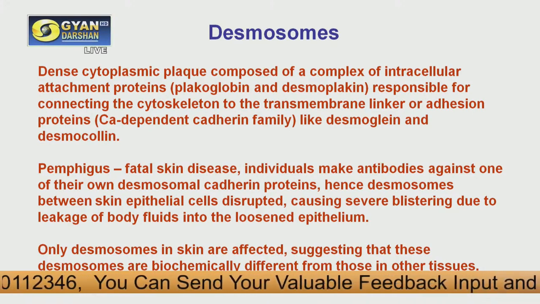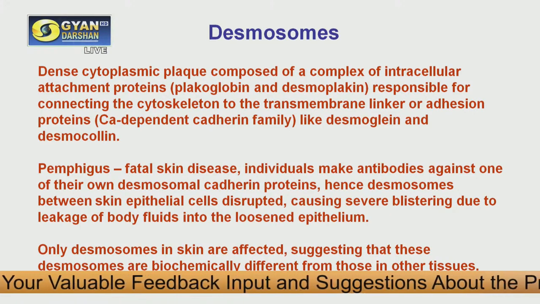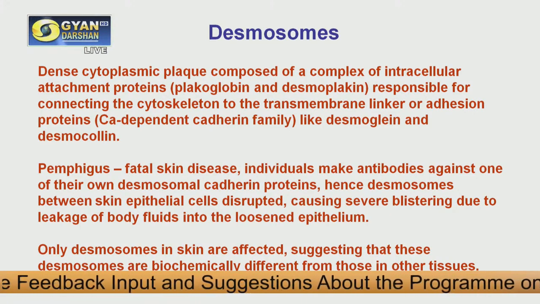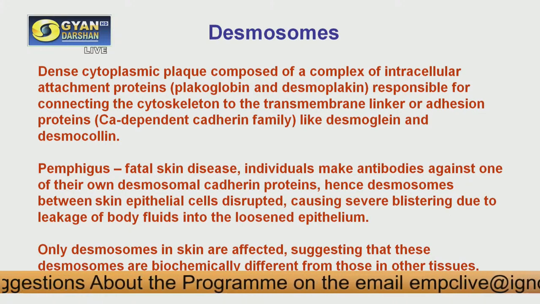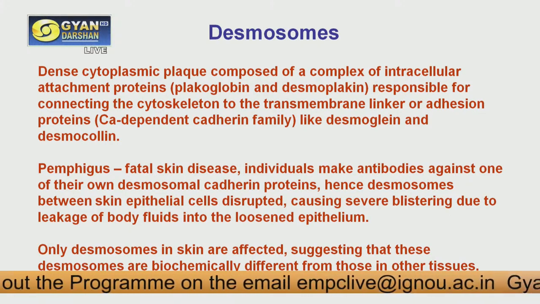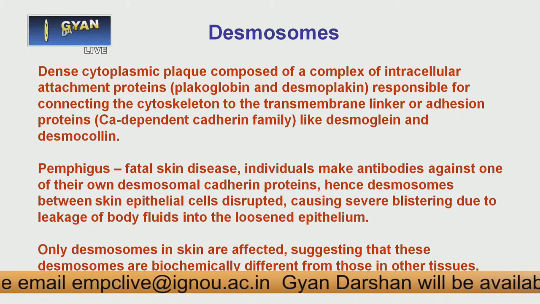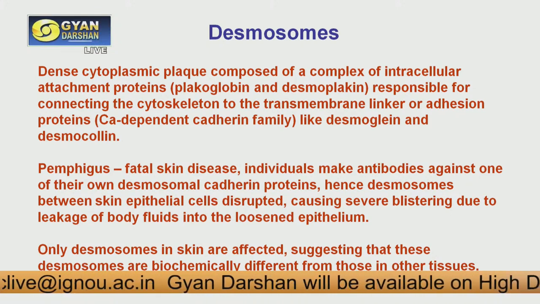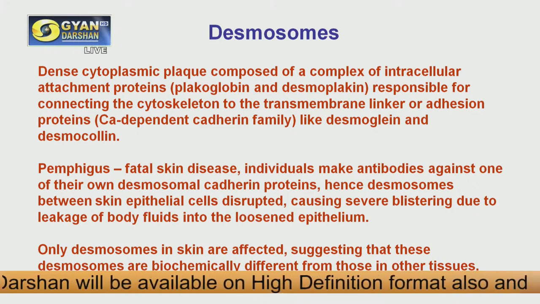Now here I have mentioned one disease called pemphigus. This pemphigus is a fatal skin disease. What happens in this disease? Individuals make antibodies against their own desmosomal cadherin proteins. Your body suddenly starts to produce antibody.